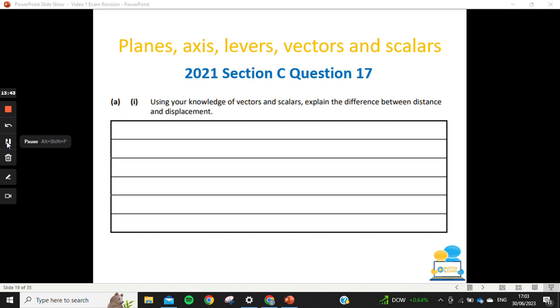So another type of question you can be asked in relation to biomechanics in the Leaving Cert PE exam is on vectors and scalars and your knowledge of them. This question is asking to explain the difference between distance and displacement.